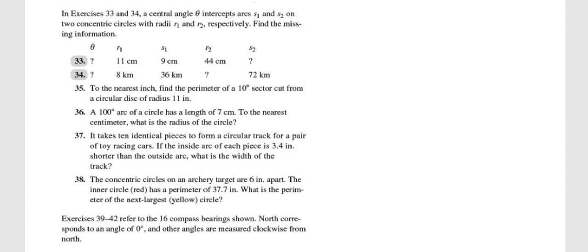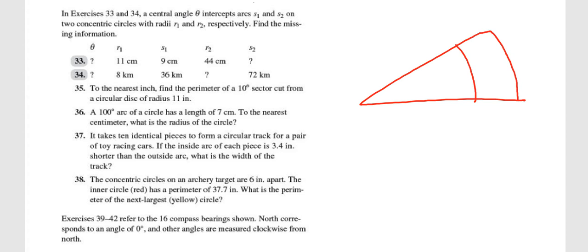All right. 2 concentric circles with different radii and they have the same angle theta. Oh, by the way, for those of you who don't know, this is theta.